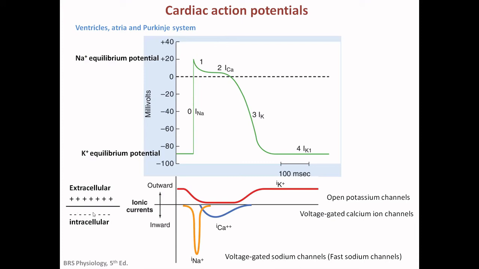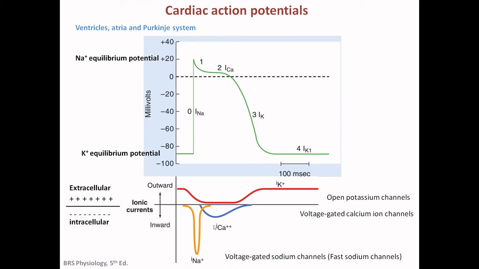So again, the positive charge is coming here because of the calcium. This inside positivity is maintained for a small time. So this plateau is possible because of the calcium influx. Then when the calcium influx is also completed, the positivity goes from here to here. The repolarization is happening because of the efflux of the potassium.